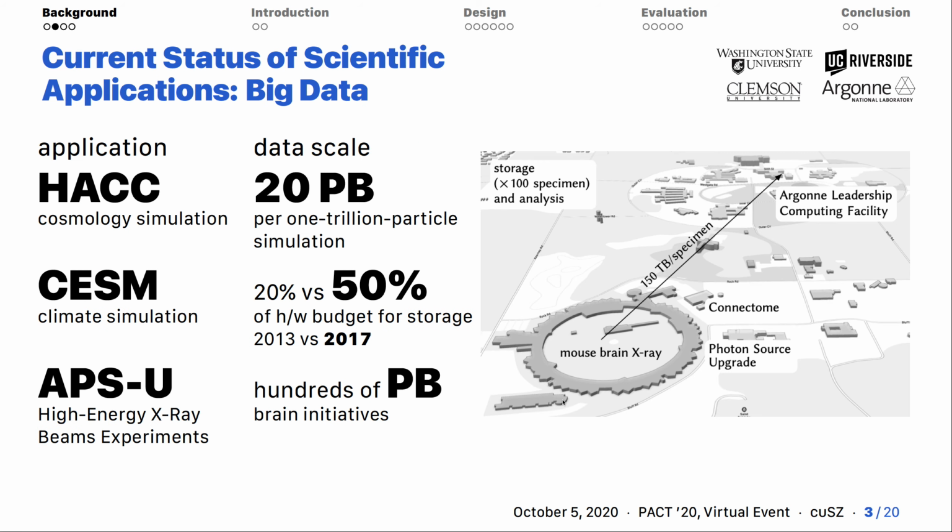If we look into the current status of the applications, it's about big data. They are generating a large amount of data, and it's increasing the hardware budget for storage. Another example could be the APS-U brain initiative. The experiments are done on one side of the Argonne National Lab campus, but the data processing is on the other side, over limited bandwidth because of big data.